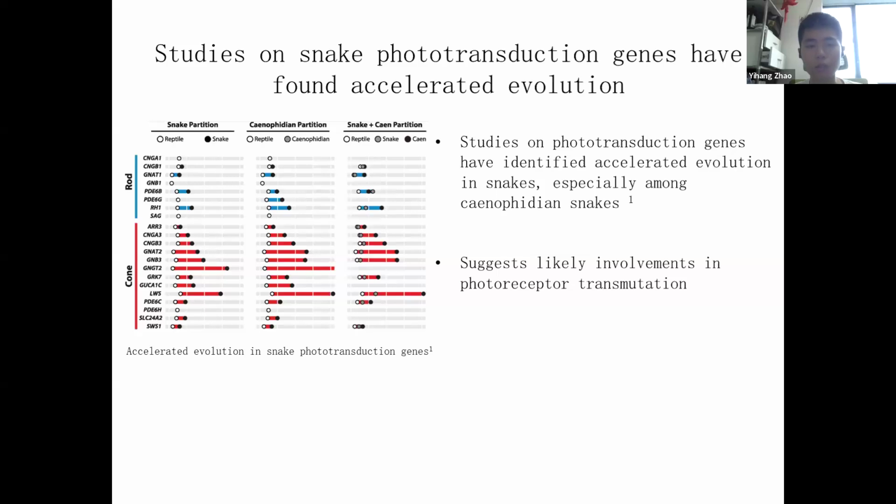To figure out what kind of gene evolution is behind photoreceptor transmutation, studies have been done on snake phototransduction genes, and what they found is accelerated evolution of these genes, especially among the Caenophidian clade, which, as I showed in the previous slide, is known for diverse retinal compositions. So this suggests there is likely involvement of phototransduction genes in photoreceptor transmutation.